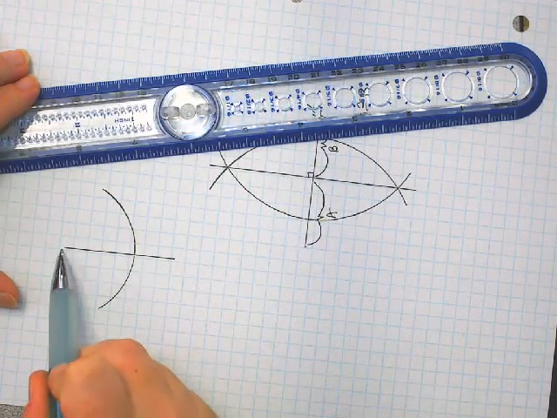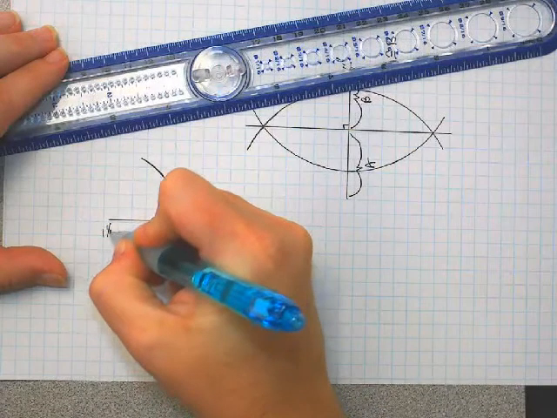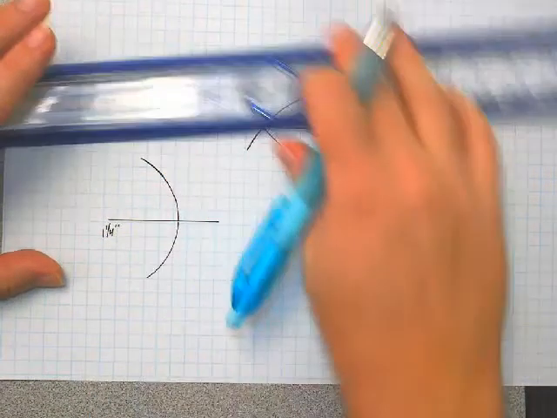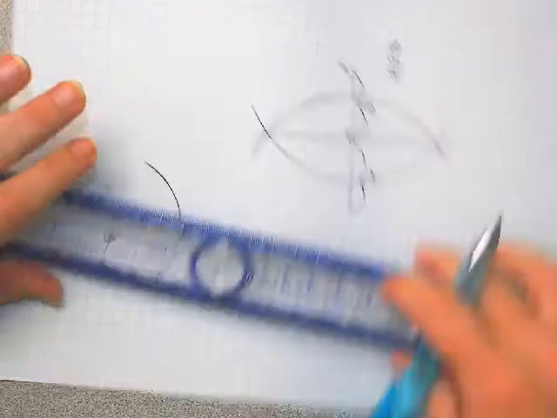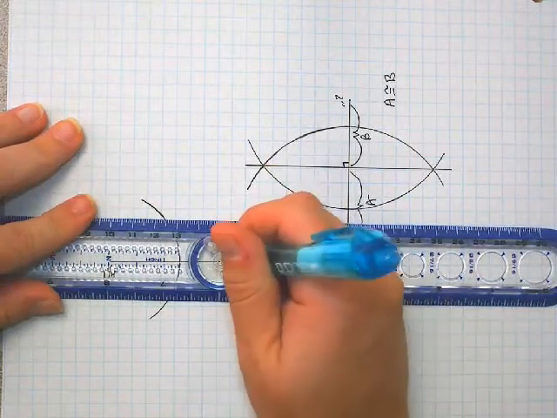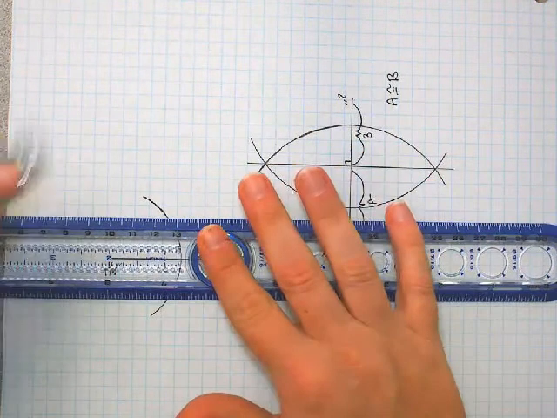Do you remember how long you made your arc? That's super important. How long did we make our arc? It was 1¼ inches. So that means from the other end point, I have to use the same distance. Line up so that I'm centered.